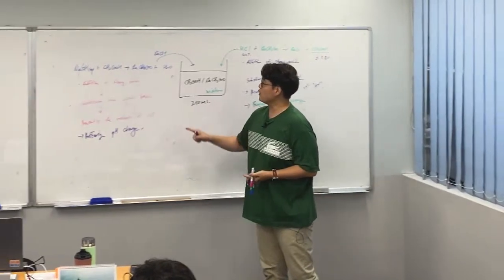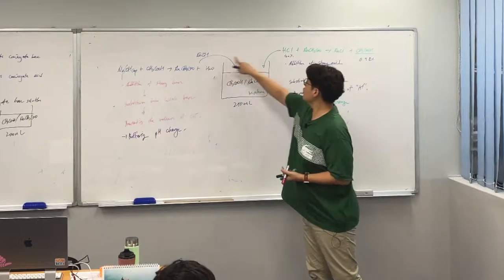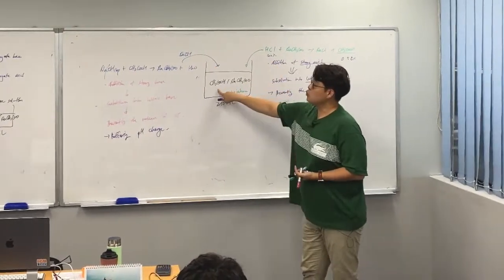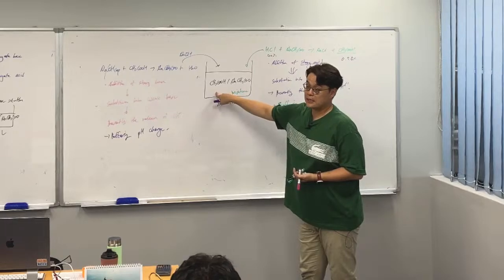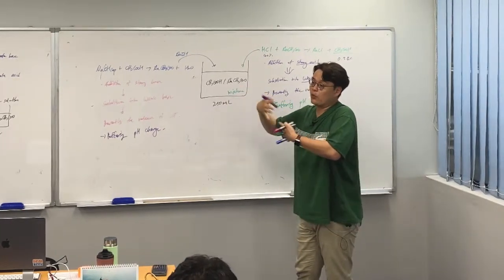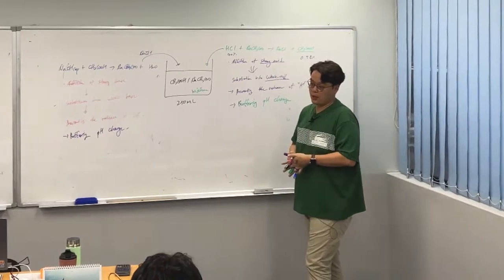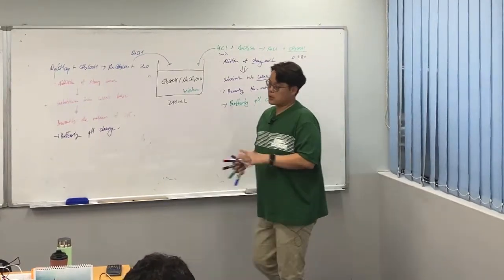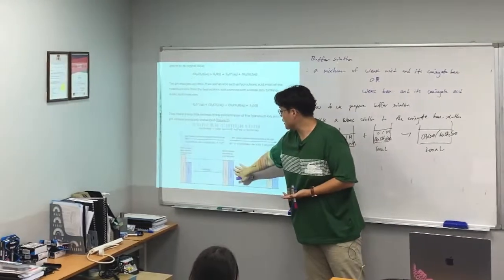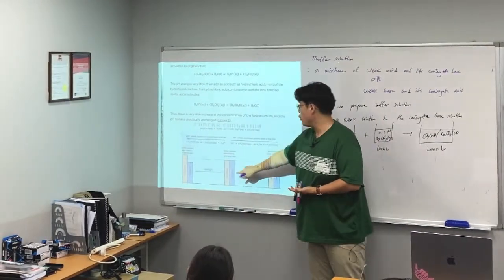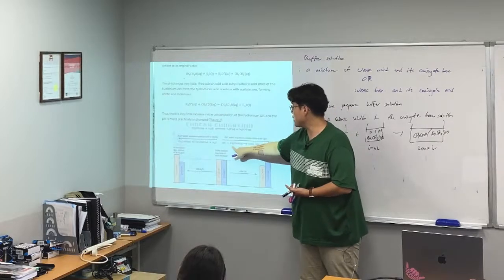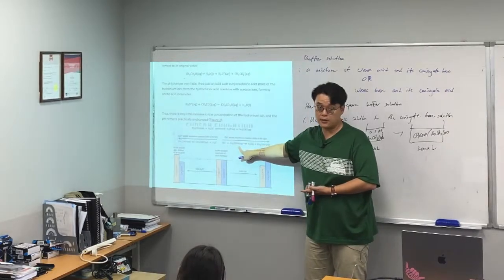Okay, this is how buffers function too. Whether you have an addition of base or acid, because we have a mixture of the weak acid and its conjugate base, they will resist by substituting into the weaker. It's represented here as well: the buffer solution, with equal moles of acid and base. When you're adding some hydroxide, which is the base, the hydroxide will react with the acid first.